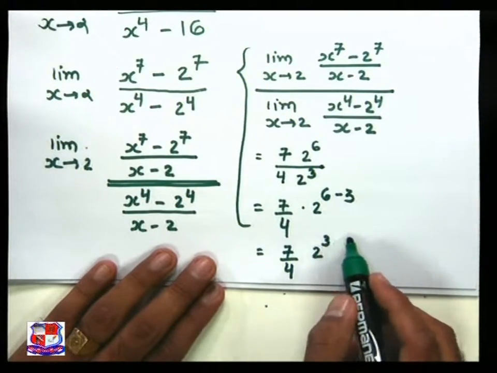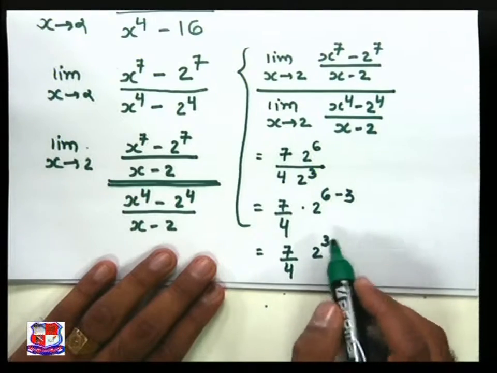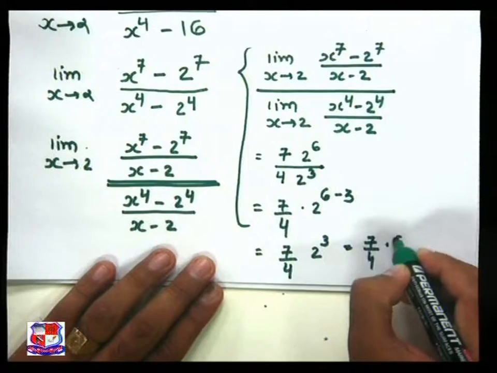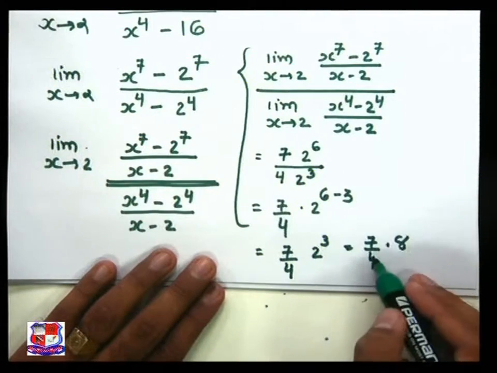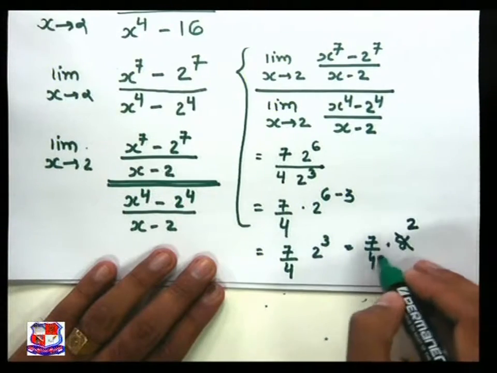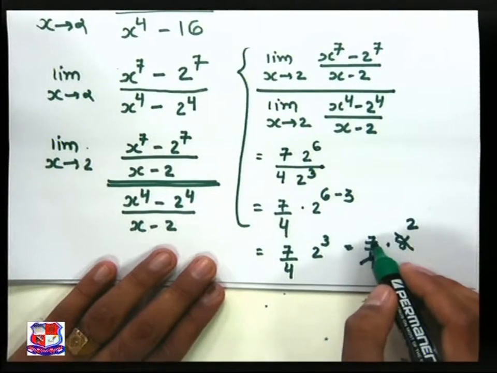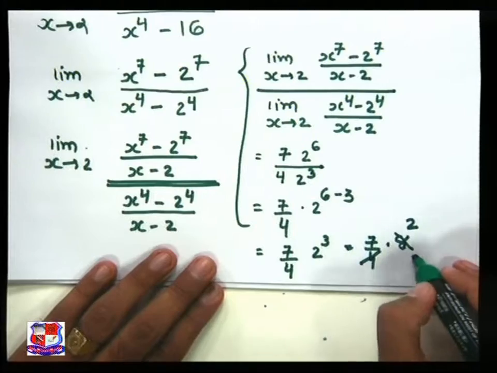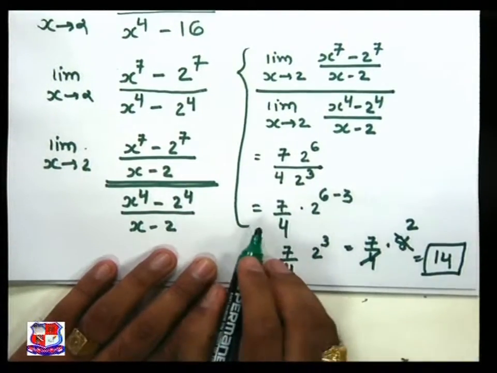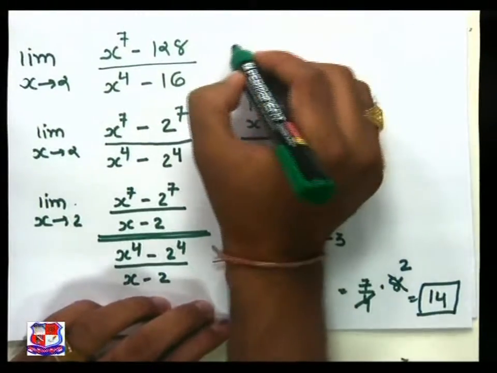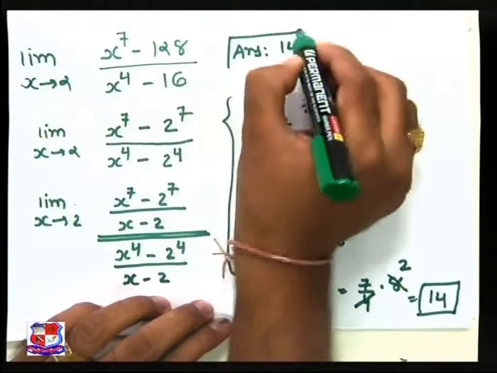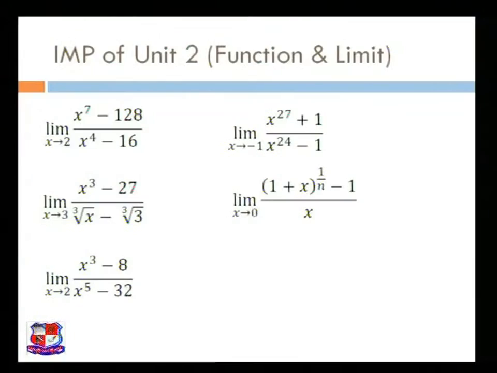And again we want to simplify it, 2 raised to 3 becomes 8. And now here 4, here 8. So we can write divide with 4, and the final answer 7 into 2, that is 14. So our answer is 14. Now move to our next question.